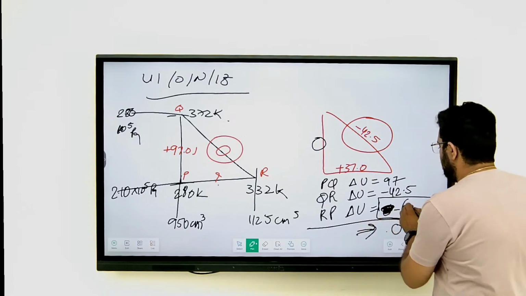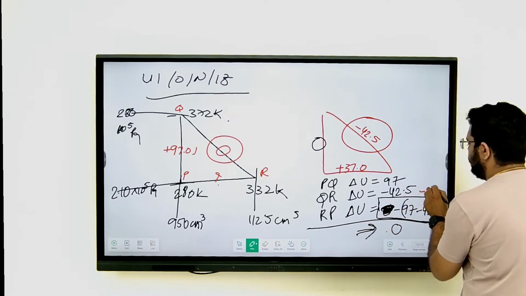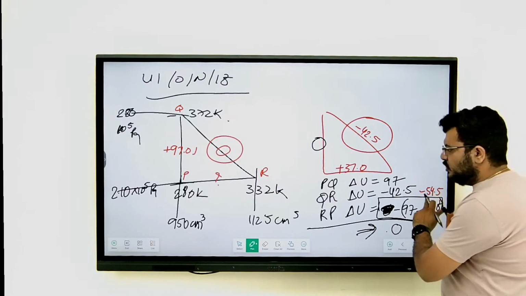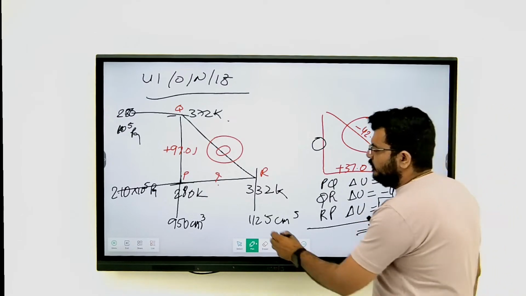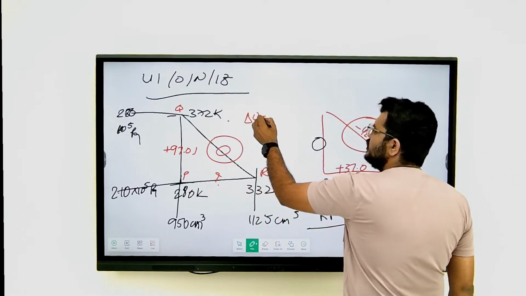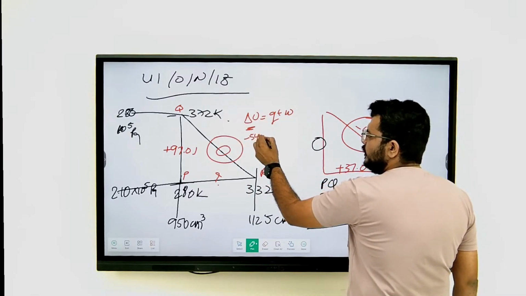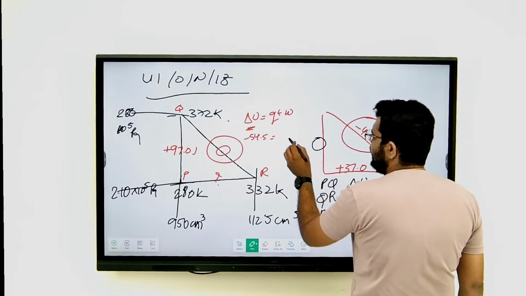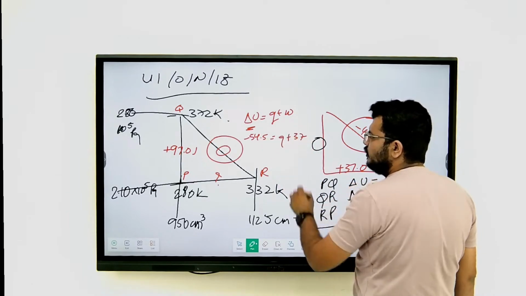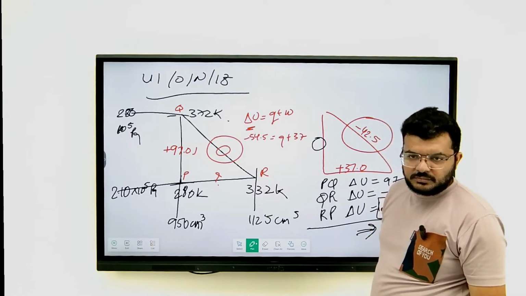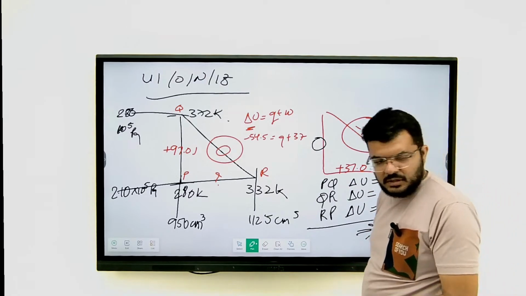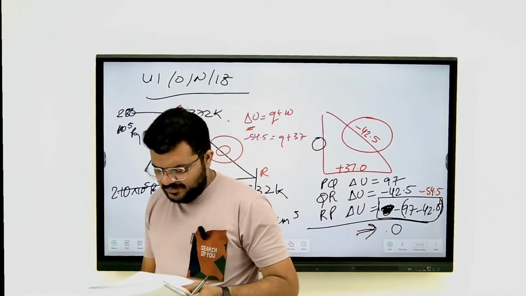So you find this is minus 54.5. Once you know that this is minus 54.5, can you work out that delta U is equal to Q plus W? You know this is minus 54.5. You have been told that this is 37. Can you find out the value of Q? Yes. That is your answer, and that is the table, 17.5.